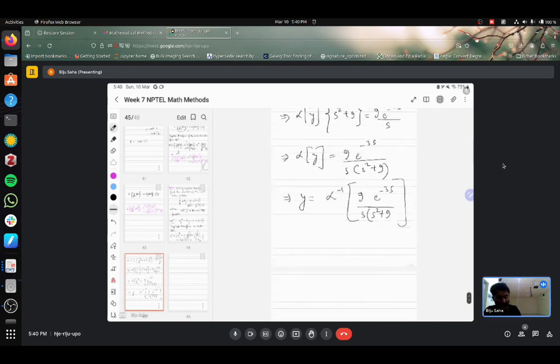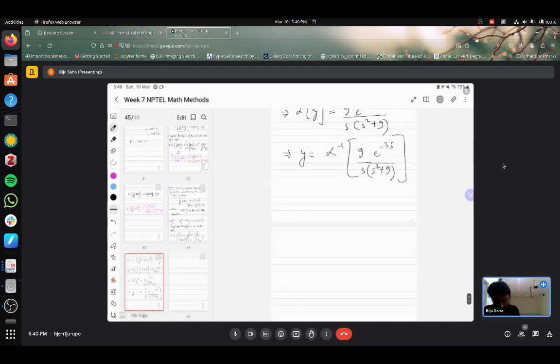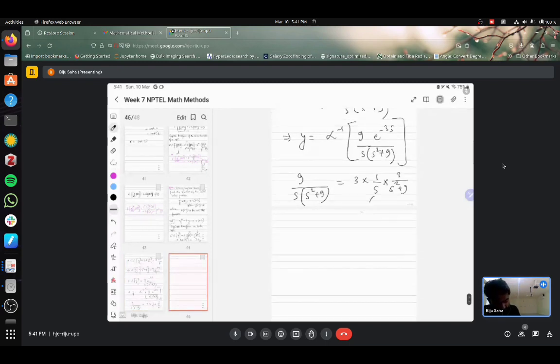So again there is something to note here. What you see is 9 over s(s square plus 9). This you can actually split into 3 into 1 by s into 3 by s square plus 9. So can you say this is the Laplace transform of which function? 1 by s.